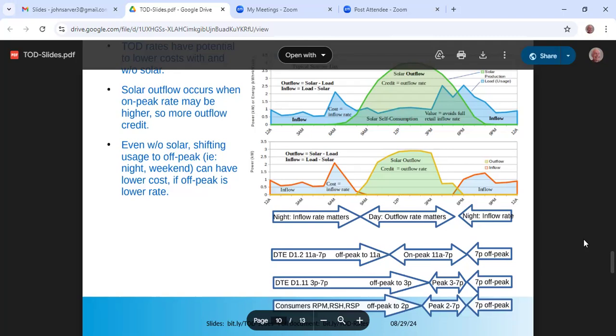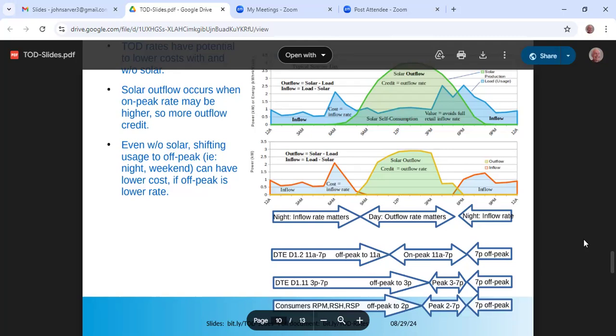And so the inflow rate is what's going to matter during that time. There is an outflow rate during off-peak at night, but it doesn't matter because your system's not going to be making any outflow during that time. Your system would be making outflow sometime during the middle of the day. And so that's when the outflow rate might matter.